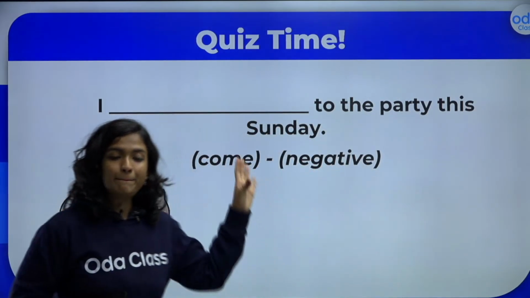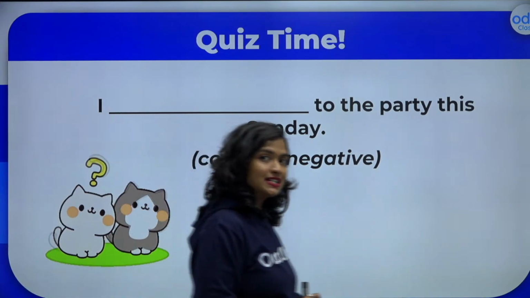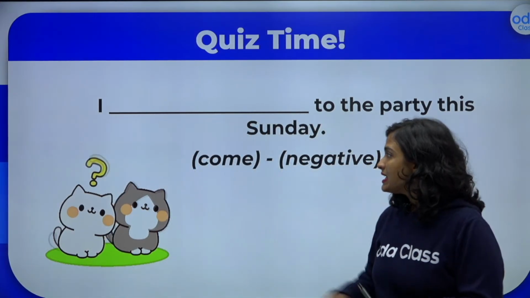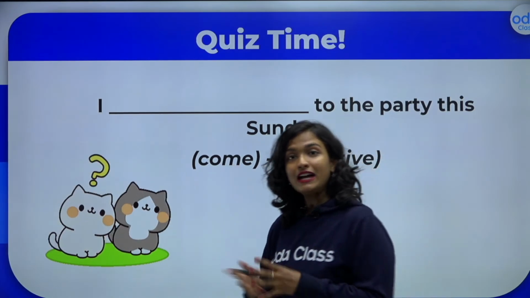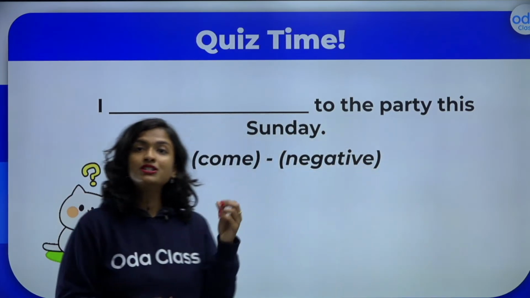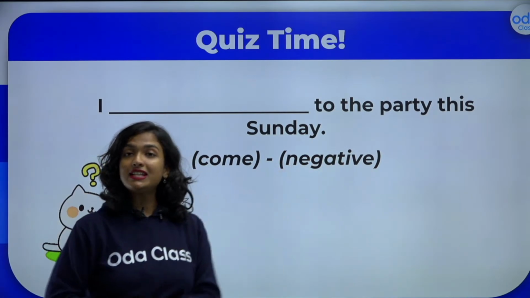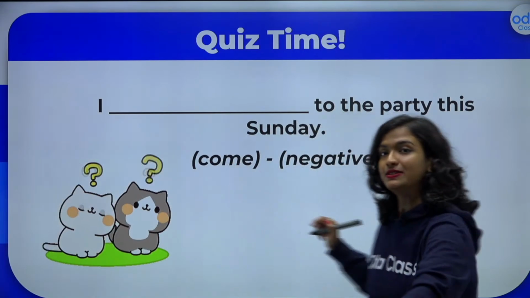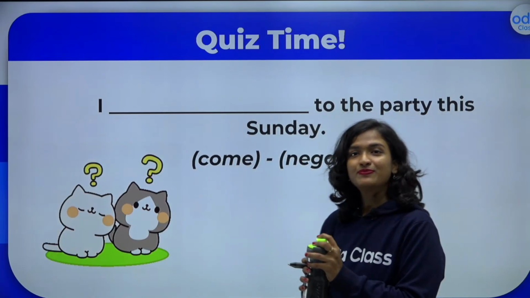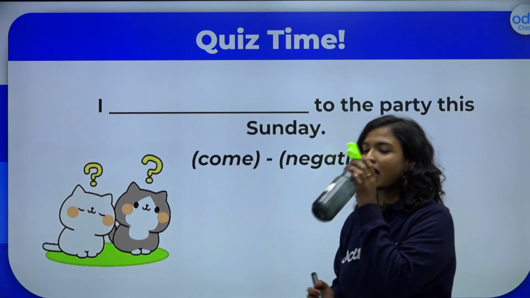Okay, I blank to the party this Sunday. Now, here is the action word to be used, come. And students, I have also mentioned that I want you to make this a negative statement. I want you to negate this sentence. So how will we do that? Try to figure it out, students.